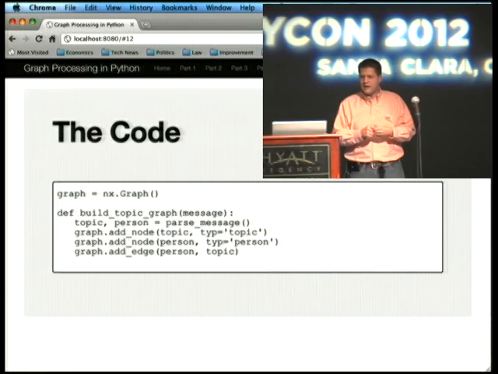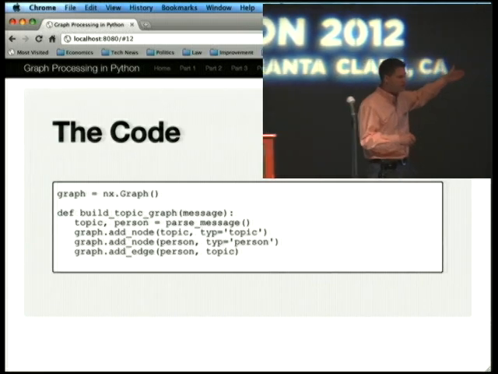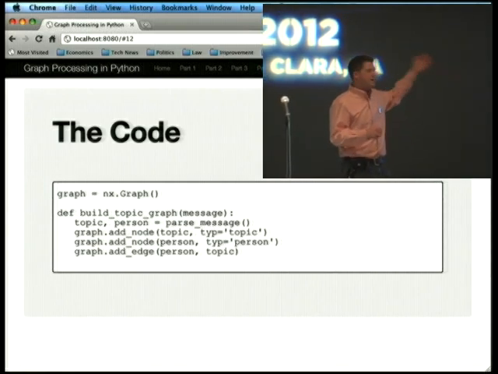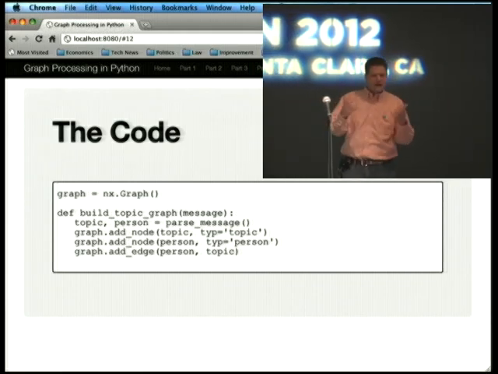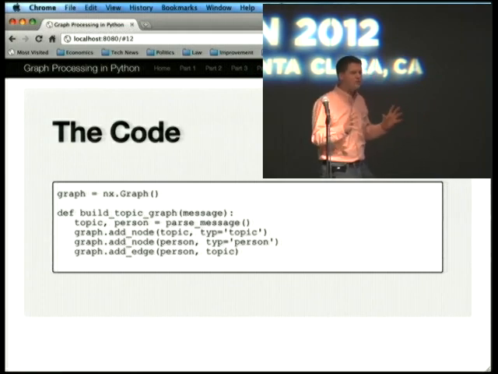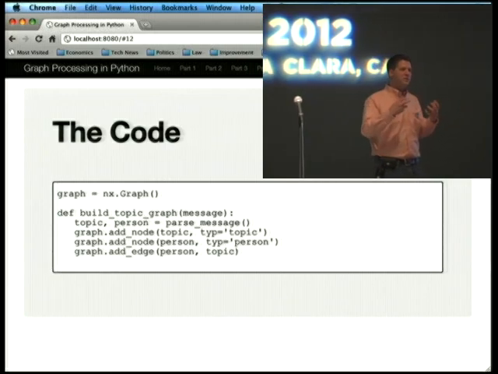The second thing is that we went through and parsed all of the messages, and we said, okay, what's the person, what's the topic. In doing this, I actually used a little bit of natural language processing to pull out the most common words and bigrams and things like that.